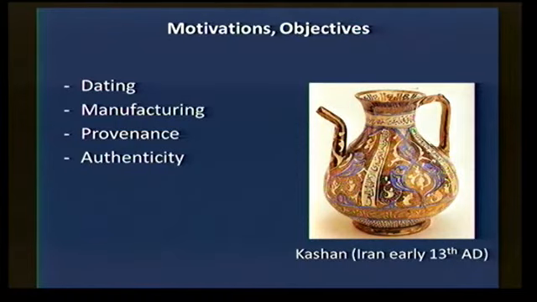Right. So what do we want to do? The main motivations and objectives. First of all, we want to know how old the object is. What is the age of the object? We want to understand how the object was fabricated: which ingredients, which recipes, what were the processes of fabrication? Where does the object come from? What is the market?